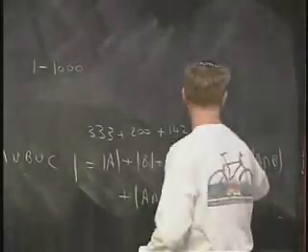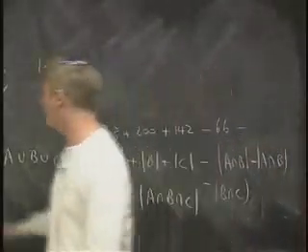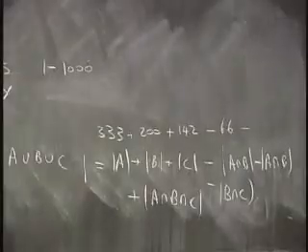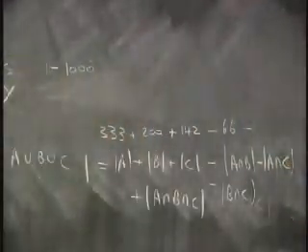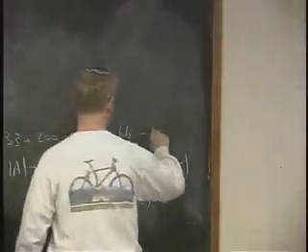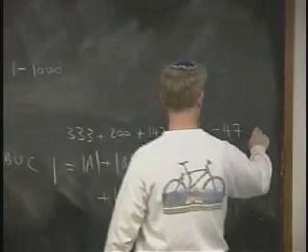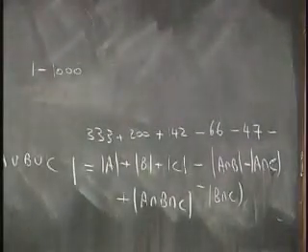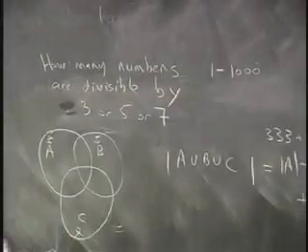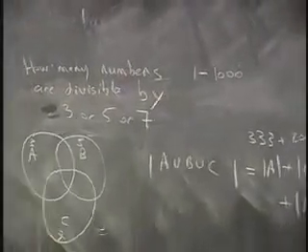Thank you. Now we have to divide by 21. 47. And we have to subtract off another 35. 1,000 divided by 35 is 28.